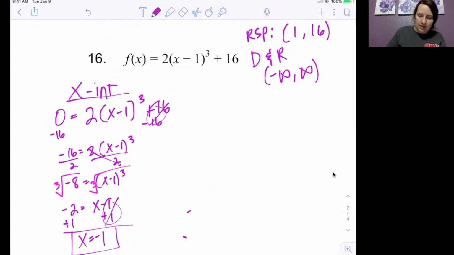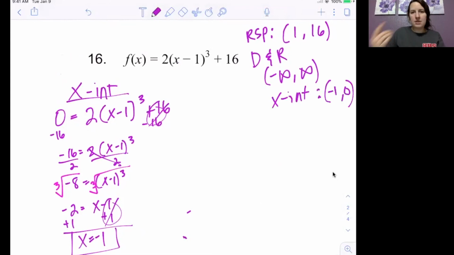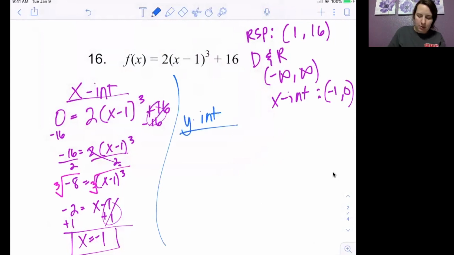So my x-intercept is at the point -1, comma 0. When I plugged in a 0 for y, my x value is -1. And then the last thing we want to do is find our y-intercept. So we plug in a 0 for x. y equals 2 times 0 minus 1 cubed plus 16.